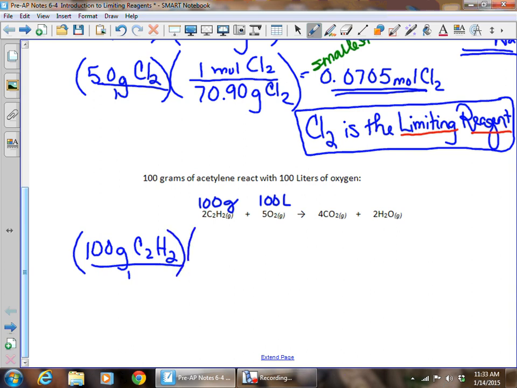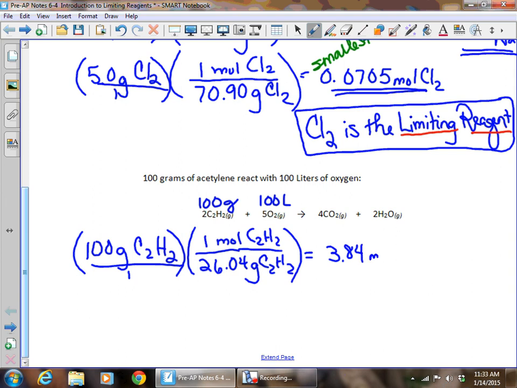The molar mass of C2H2 is 26.04 when you add up 2 carbons and 2 hydrogens. And when you divide that out, we end up with 3.84 moles of C2H2. We're going to do the same thing with our oxygen.